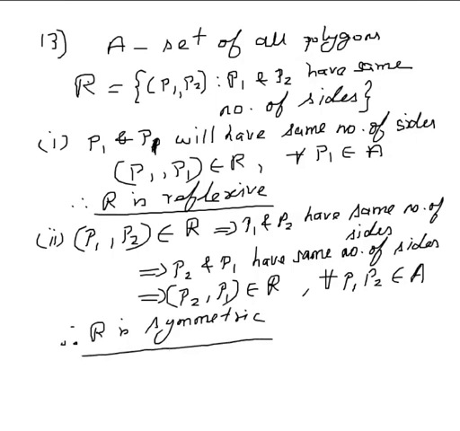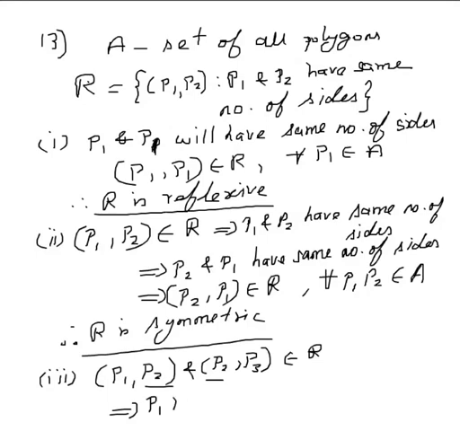Now we have to prove the transitivity. For transitive condition, we know how to take two elements, P1, P2 and P2, P3. These two elements should be common. They belong to R, say.